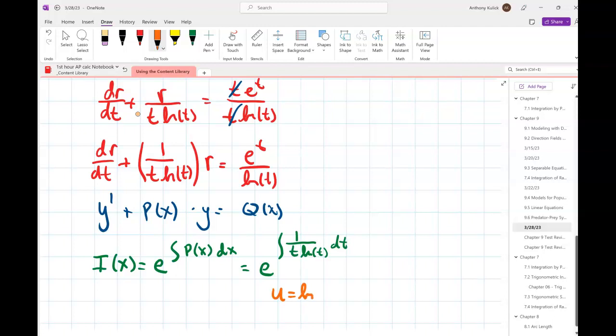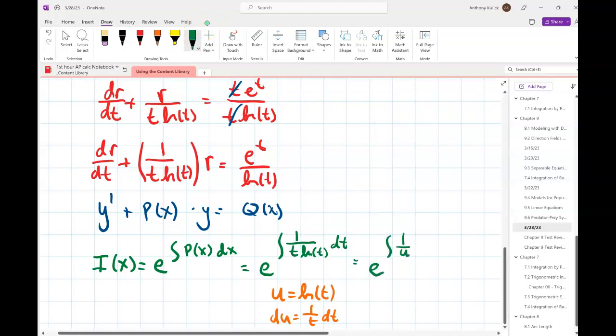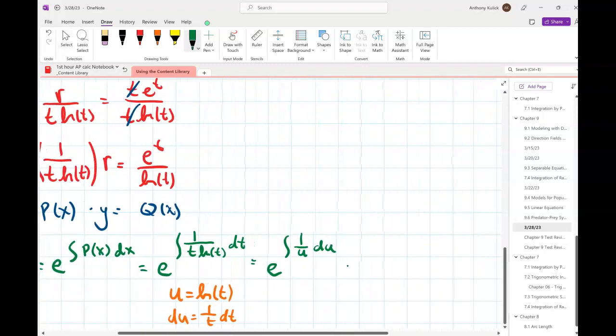The u I'm going to pick is the natural log of t. So du is 1 over t dt. So when I make my substitution, that just becomes 1 over u du. So we do the antiderivative for that.